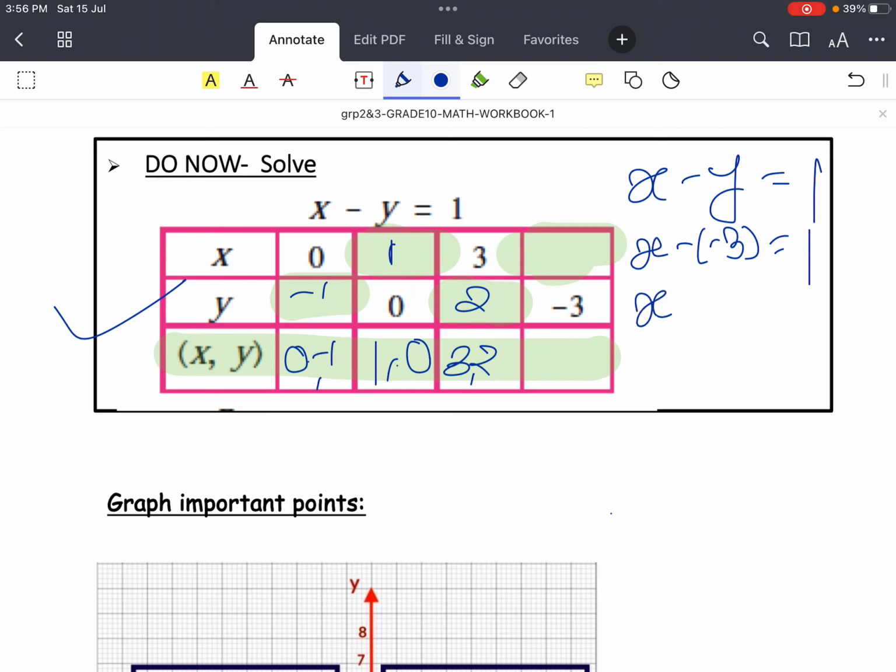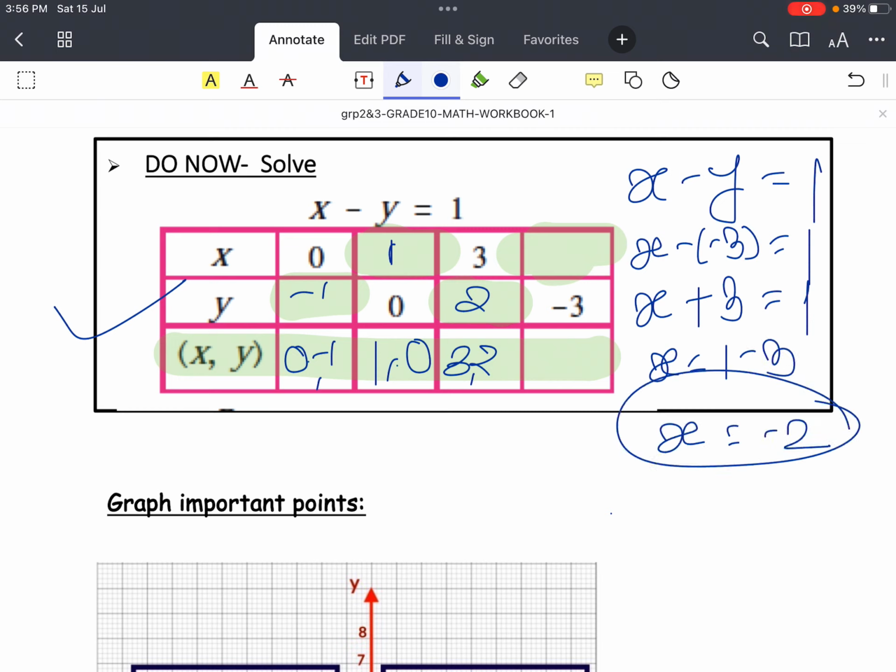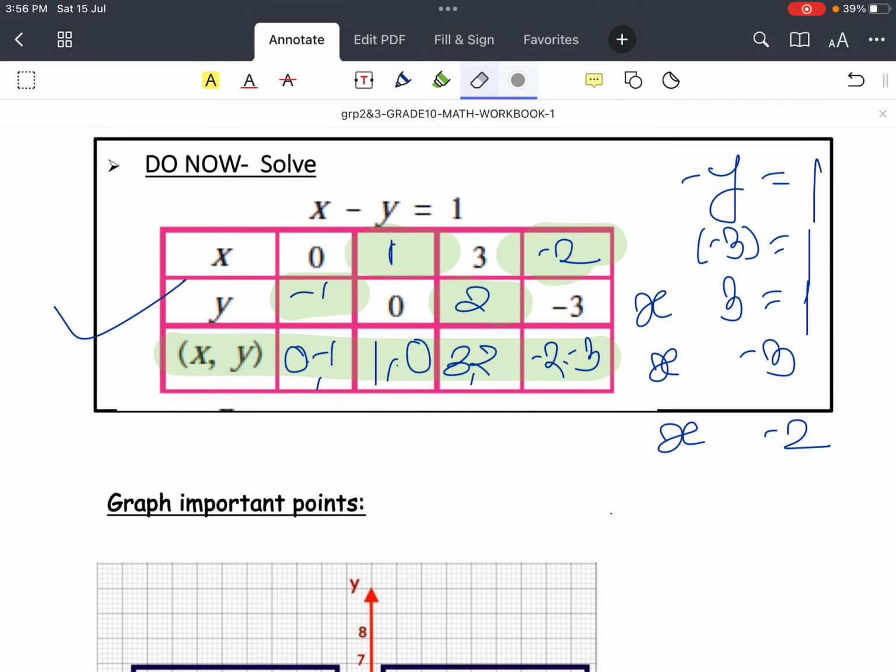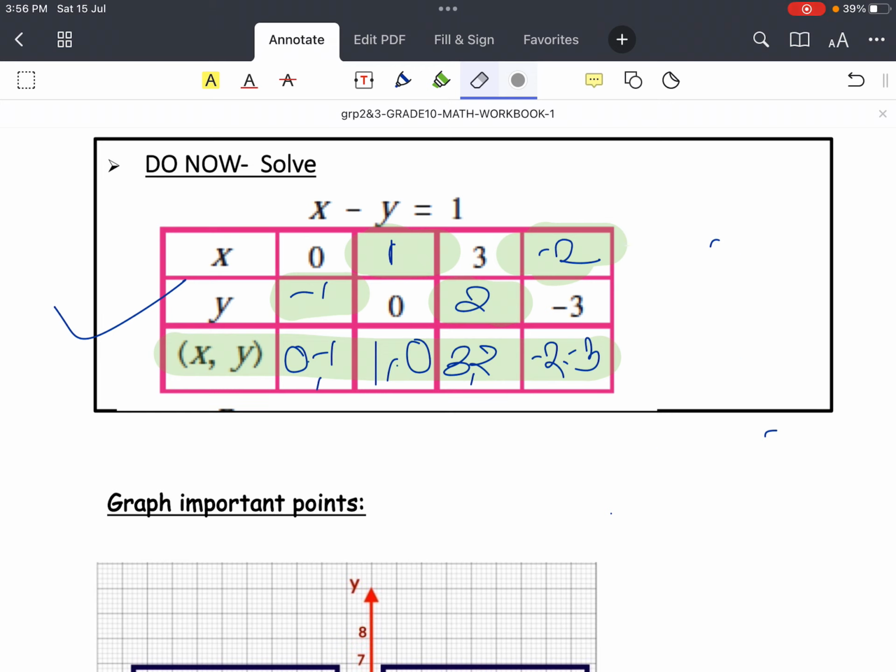So therefore x minus of minus means minus into minus plus 3 is equal to 1, so therefore x is equal to 1 minus 3, x is equal to minus 2, so write down minus 2, so minus 2 and minus 3. So likewise we have to find out the terms, and we have to complete the table.